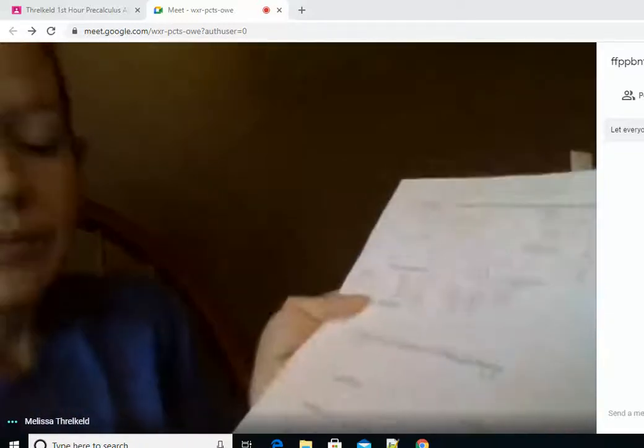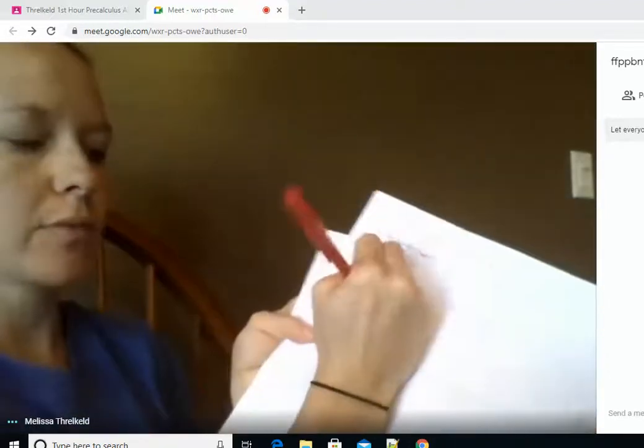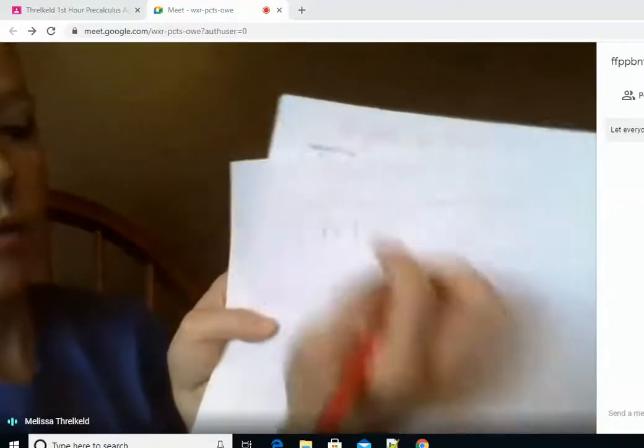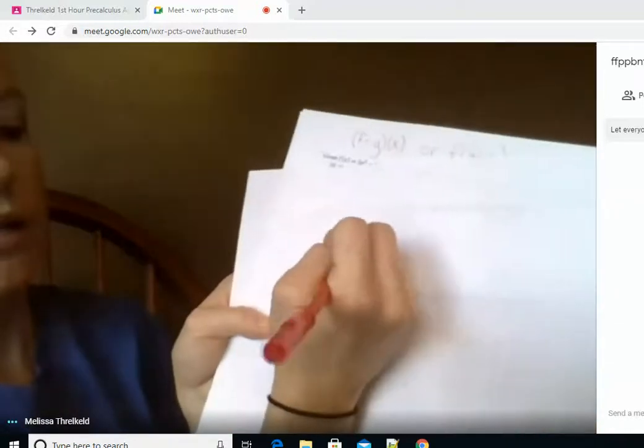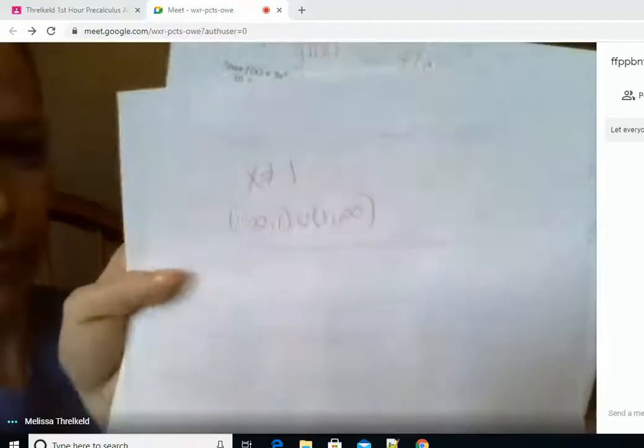Rule of thumb. If it's just one value that x can't equal, I expect interval notation. So if you solve it and you get x cannot equal 1, then I want you to write that as negative infinity to 1, union 1 to infinity.